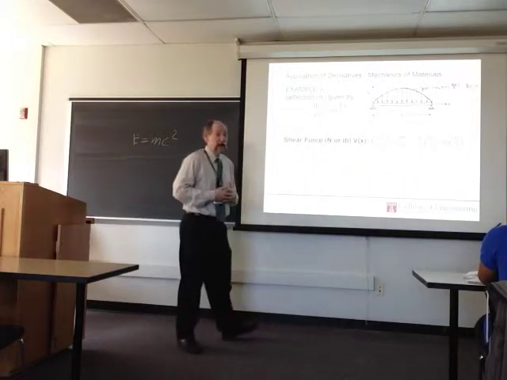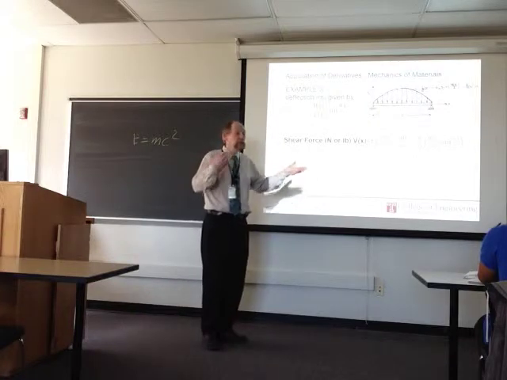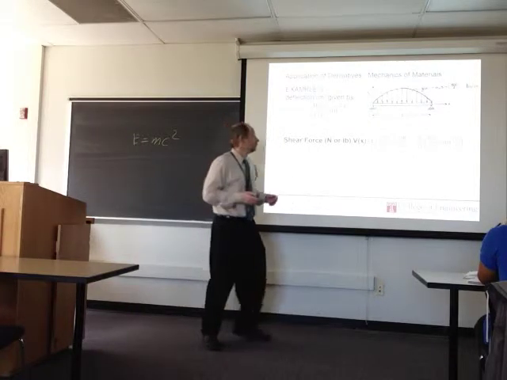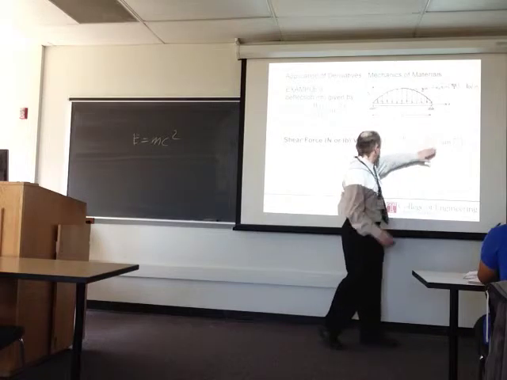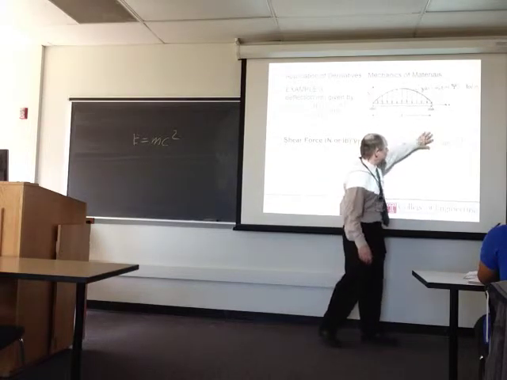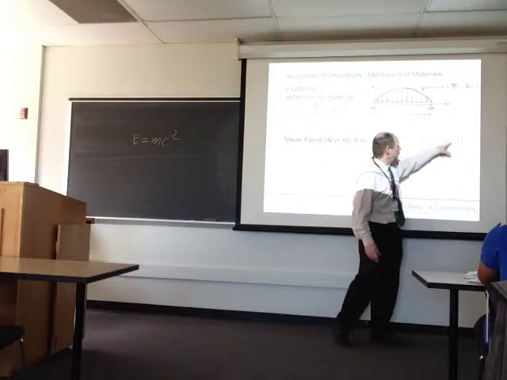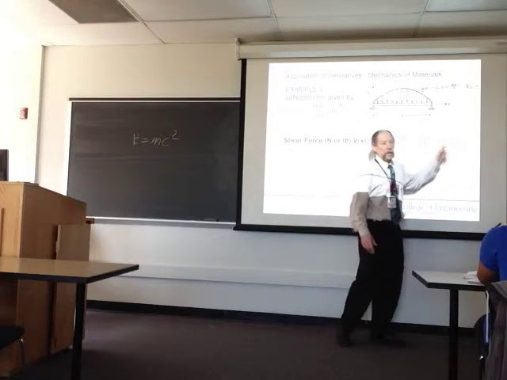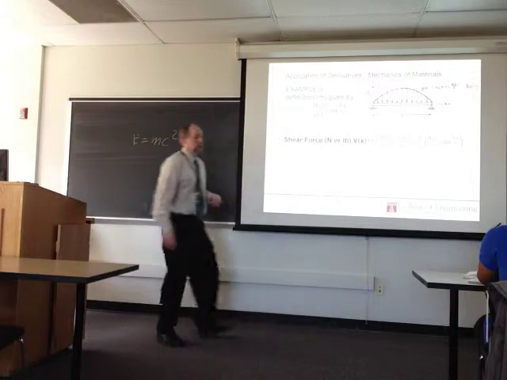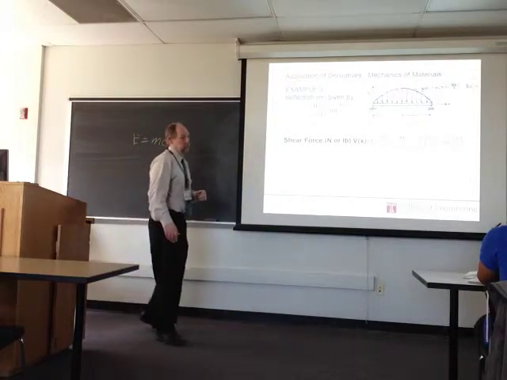Take the derivative of that. The derivative of sine is cosine. So we're going to take EI times this constant times omega, in this case pi over L, times the cosine of omega x. And that will give us the shear force.